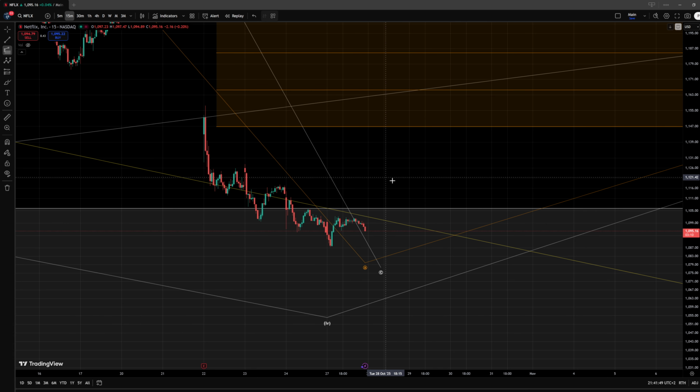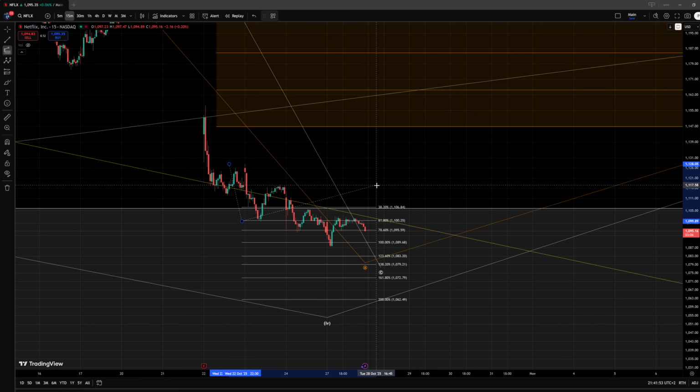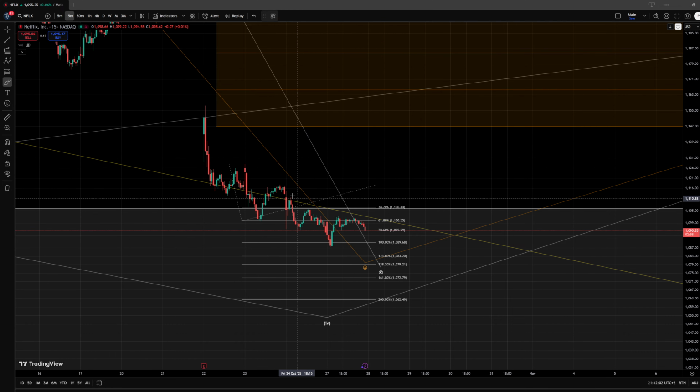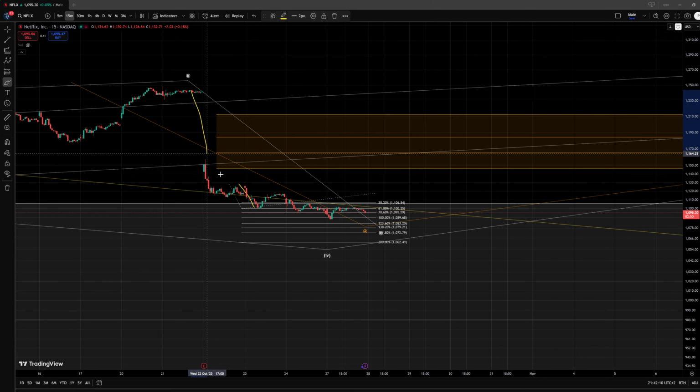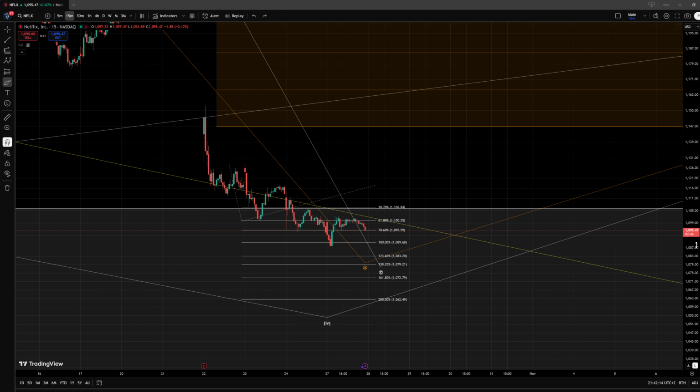If I find the right tool, we haven't even pushed much into the extension, the ideal target for wave 3, the 138.2% extension, the $1,080 level. So this third wave may not be done unless it is really developing as a different pattern, and this fifth was still part of the large wave 3. Could be possible. I don't know how likely that should necessarily be.